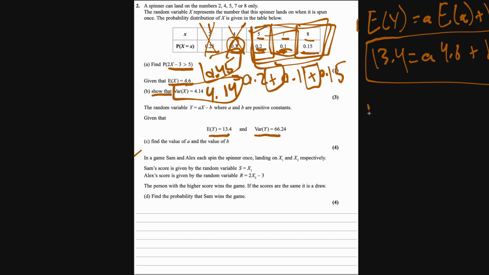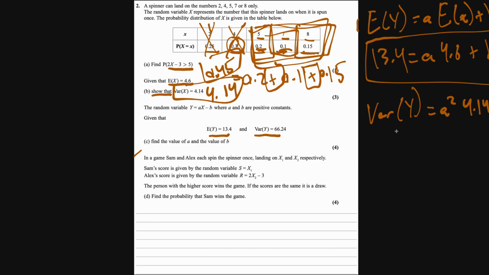So we know that the variance of y is equal to a squared multiplied by 4.14, which is the variance of x. And we do not have b, we do not have another constant.